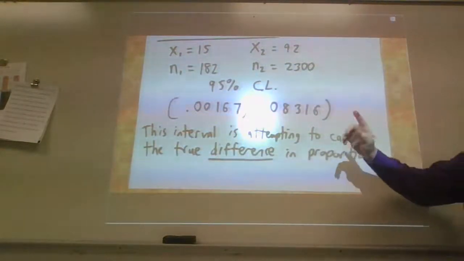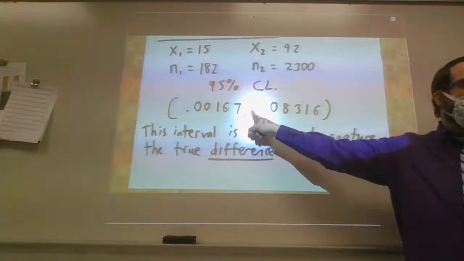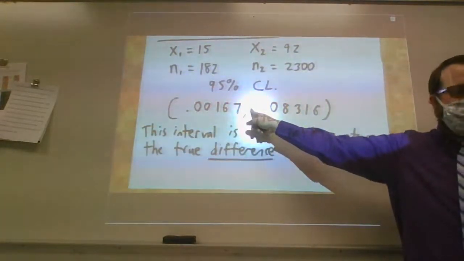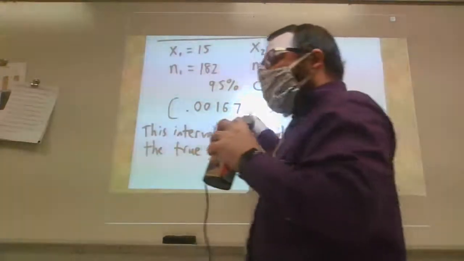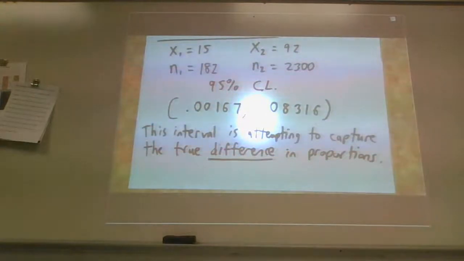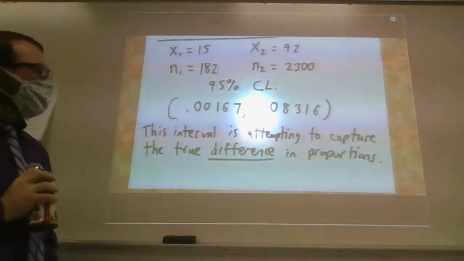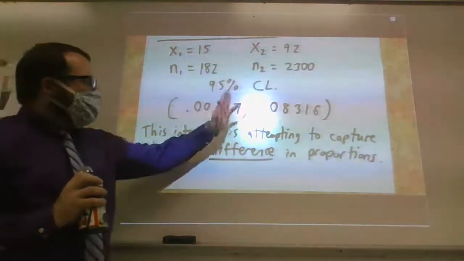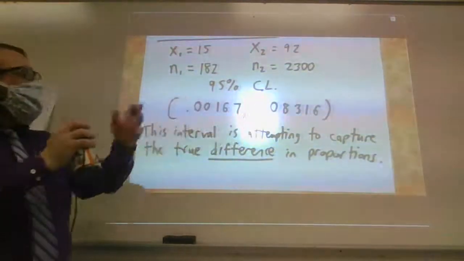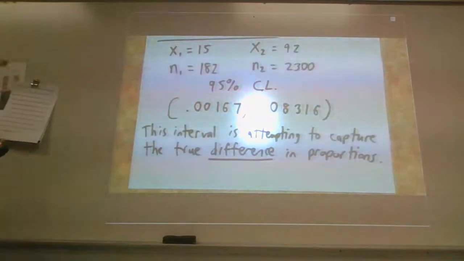That is actually the center of this thing right here, believe it or not. 0.04, 4% is approximately the center of this interval. And then it's calculating a margin of error based on a z-star and based on the combined standard deviation. So it goes from 0.04, and then it adds a bunch, and then it goes from 0.04, and it subtracts a bunch in order to create the interval that you are attempting to capture the true difference in proportions.